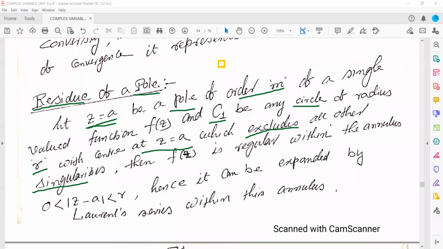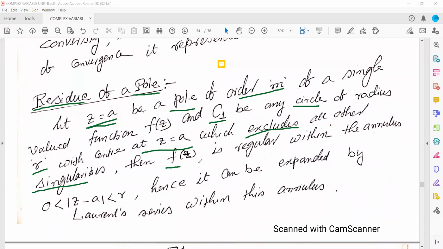Maybe the function f(z) may have other singularities, but once you draw the circle with center at the singularity point, that is z equal to a, and radius R, all other singularities will be outside of the circle. And inside the circle, there will be only one singularity, that is z is equal to a.